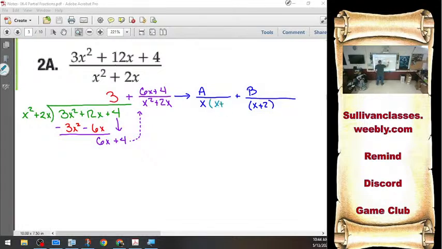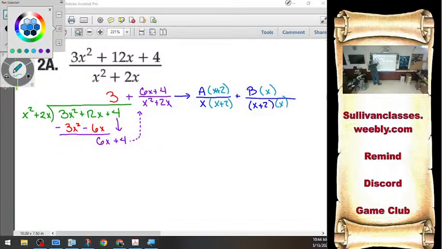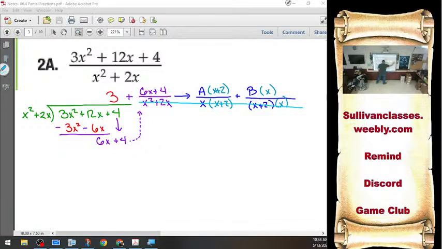Get your x plus 2, x plus 2, x and x. Multiply by the denominator, canceling it out, we get 6x plus 4 is ax plus 2a plus bx.